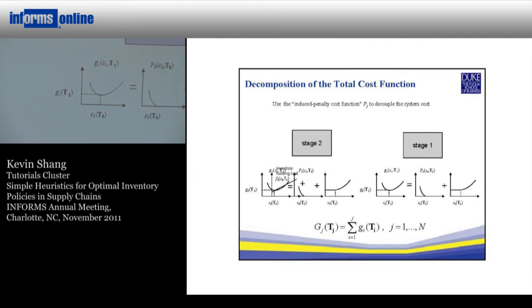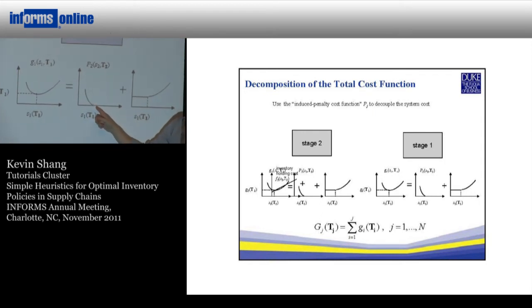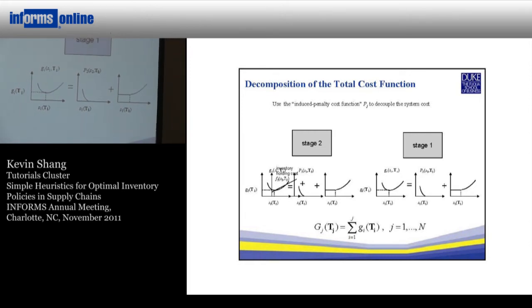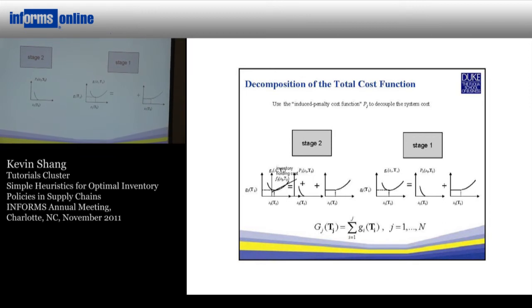One is by itself, and I'm going to leave this one to stage 1. Then I'm going to give this induced penalty function, in the sense that this is the penalty cost that I charge to stage 2 if stage 2 cannot satisfy my demand. So I'm going to charge this one to stage 2. Very nice, right? It took me a long time to do the animation, so I'm going to spend more minutes on this slide.